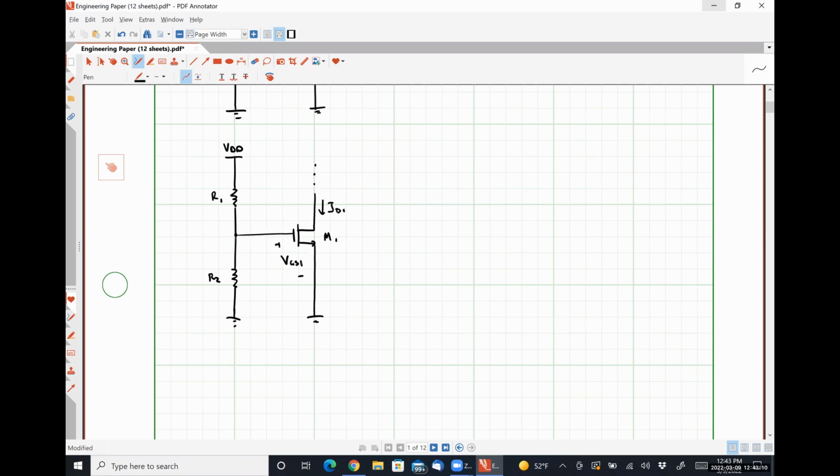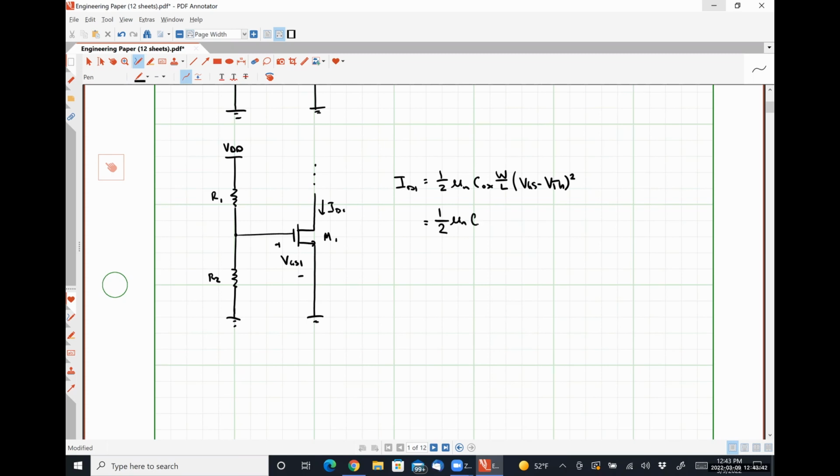Well, if our device is operating in the saturation region, then that means that the quantity ID1 is equal to 1/2 mu n Cox W over L times (VGS minus VTH) squared, where I can express VGS using my resistor divider network, which establishes it.